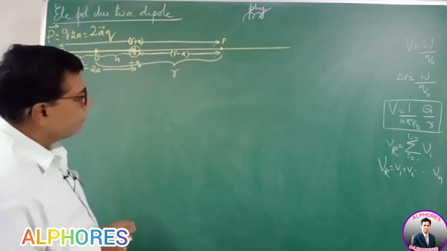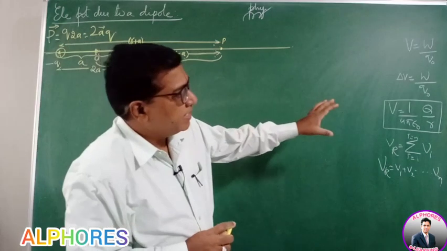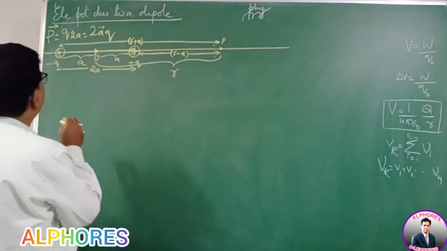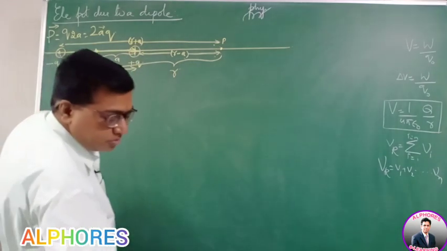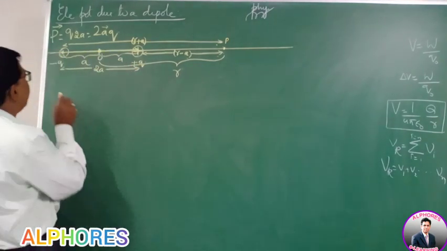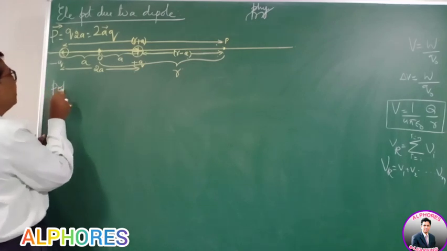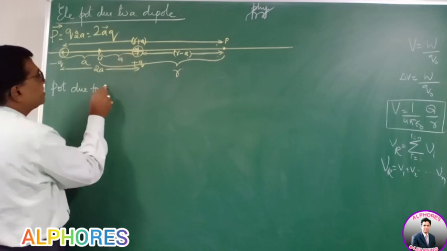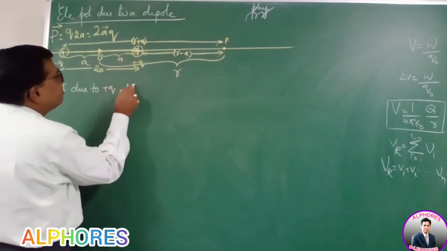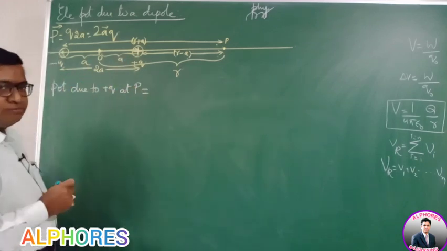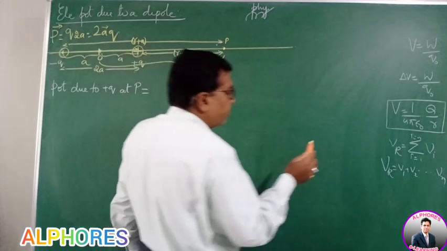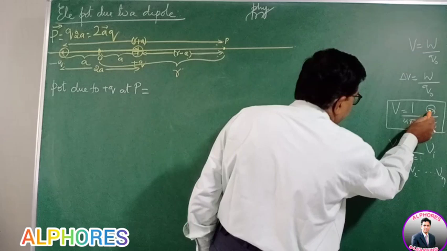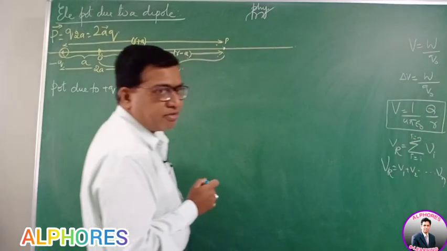So first we shall find the potential due to each charge at point P. Potential due to the positive charge, plus q, at P: we know the formula for potential due to a point charge is 1 by 4 pi epsilon naught, the amount of charge by the distance of the point from the charge.